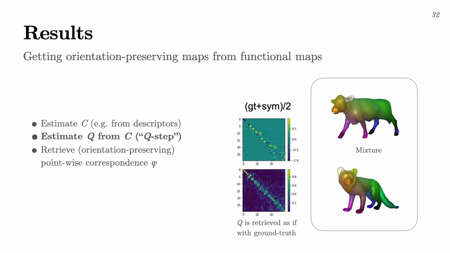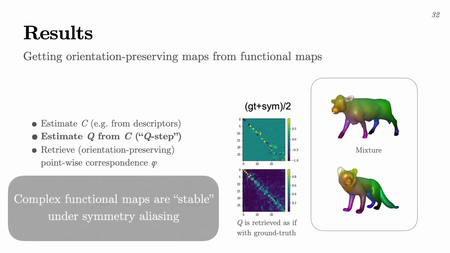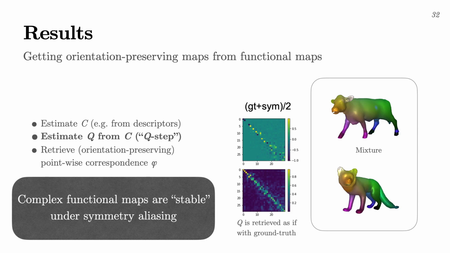Now, even if the input functional map was a mixture, the complex functional map will only retrieve the orientation preserving part, which makes the general pipeline stable under symmetry aliasing.